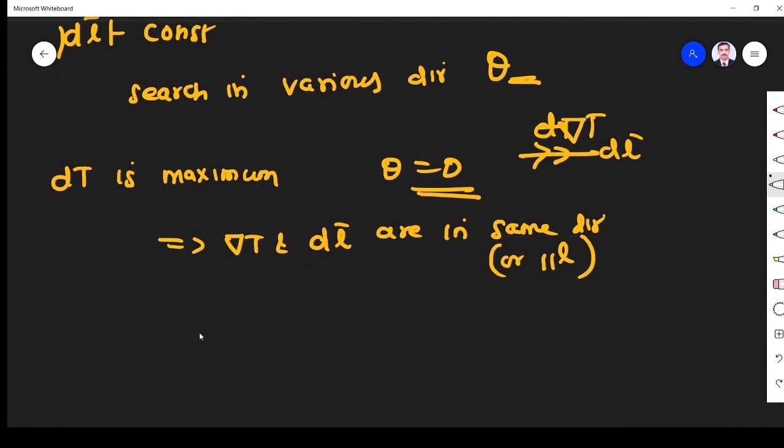So what is the meaning? From this we understand that for fixed distance, dl is a distance, right?